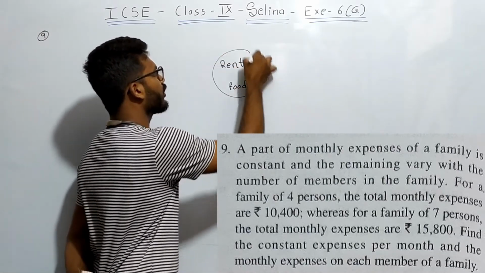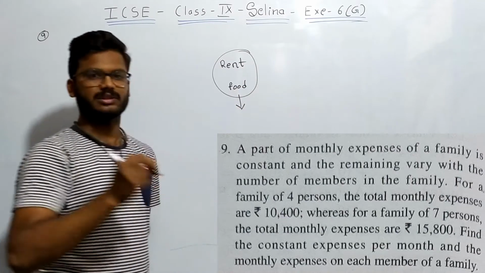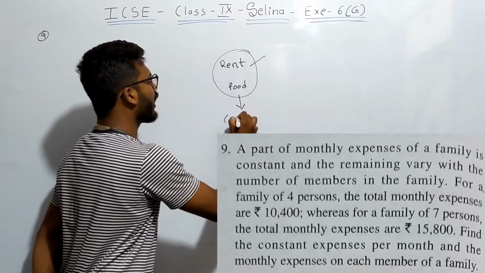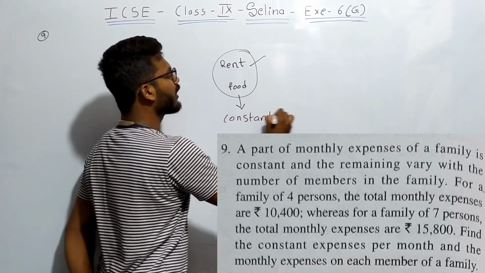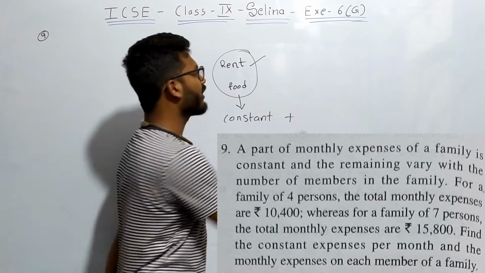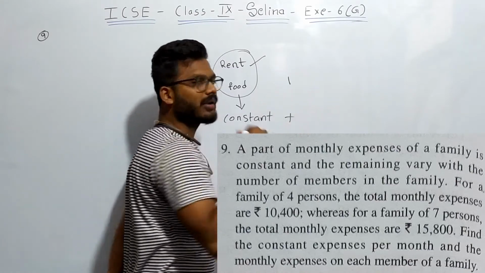So the expenses are two parts here. The first part is a constant part and the next part varies with persons, so it is based on the individual. For each individual there is some cost.